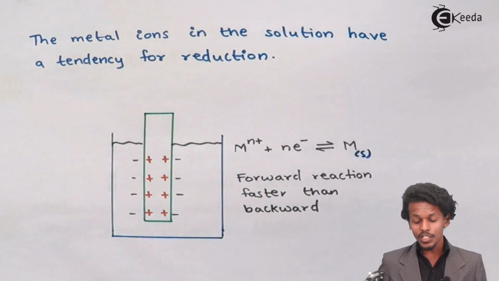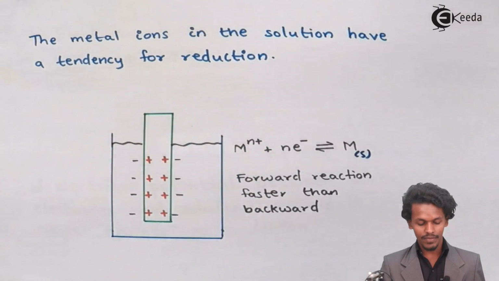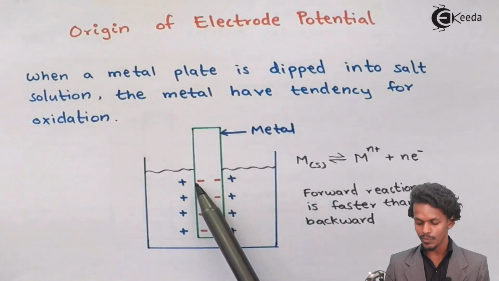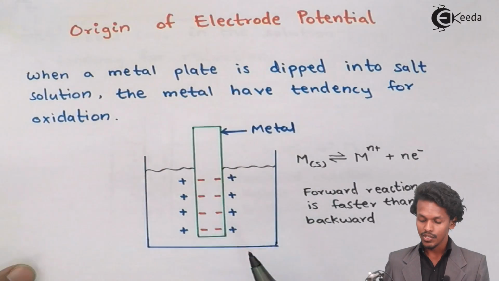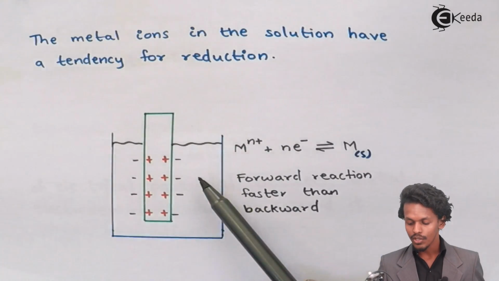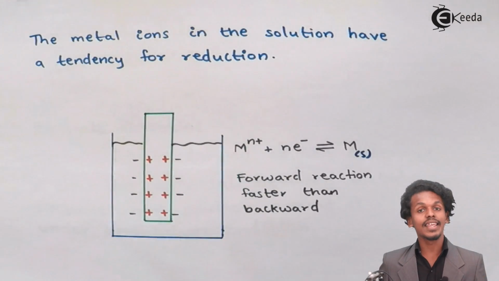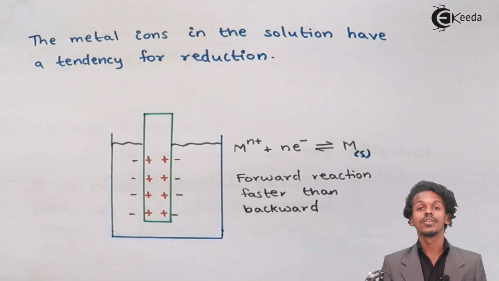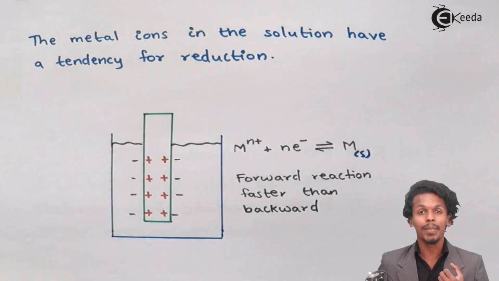In this process, at equilibrium, suppose the metal acquires a negative charge. All the metal ions present in the solution have the tendency to gain electrons again, so they will combine with the metal so as to abstract electrons from the metal plate.